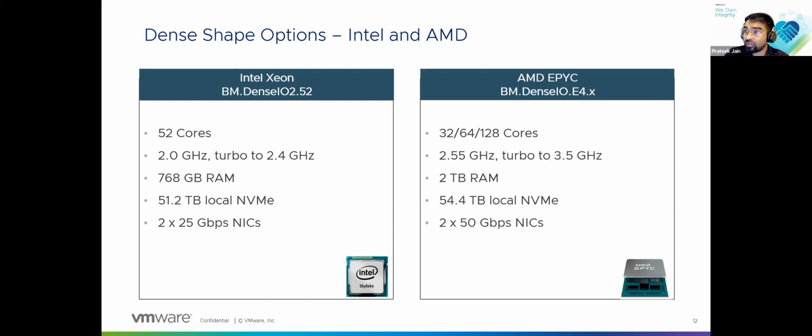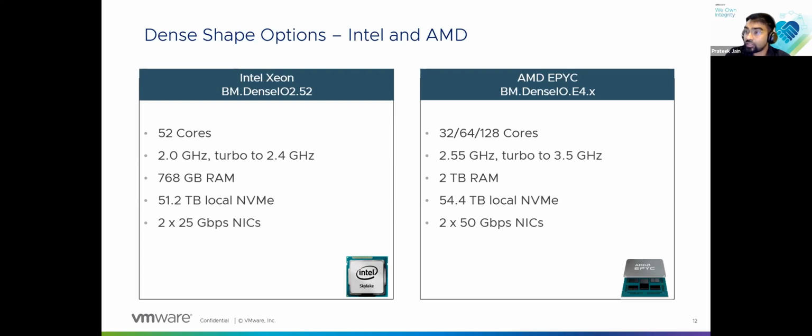So if you build a 3-node cluster for Intel, you would get around 156 cores and approximately 120 terabytes of usable vSAN datastore. Because it's vSAN Enterprise, you can use any fault tolerance policies. You can customize vSAN as you like, and whatever you have been using on premise, you can still use in OCVS for vSAN.